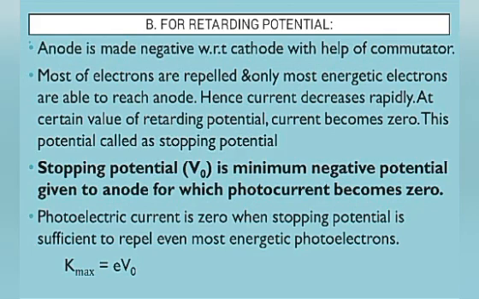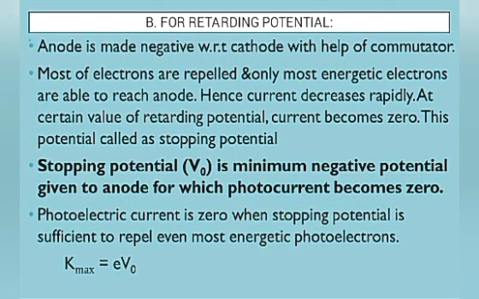And here the photoelectric current is zero when stopping potential is sufficient to repel even the most energetic photoelectrons. Hence, the maximum kinetic energy of the photoelectron can be written as K maximum equal to e into V naught, where e is basic unit of charge, and V naught is stopping potential.